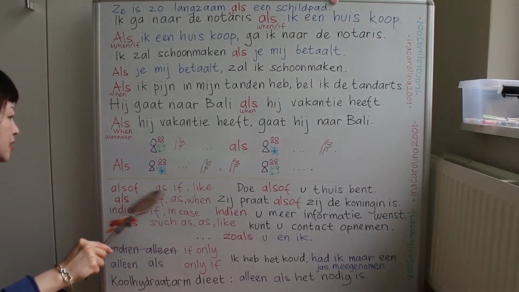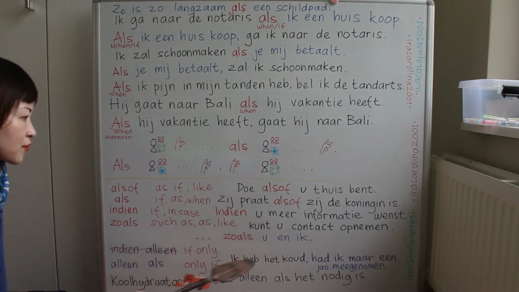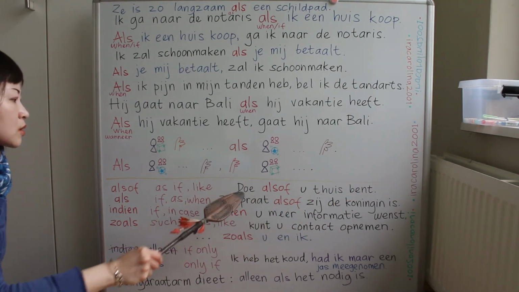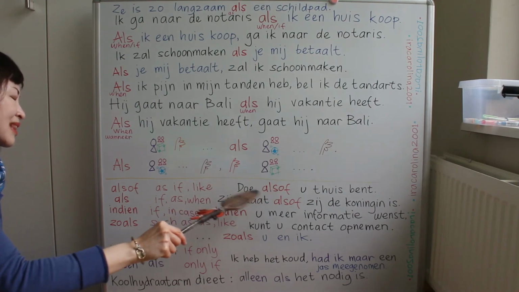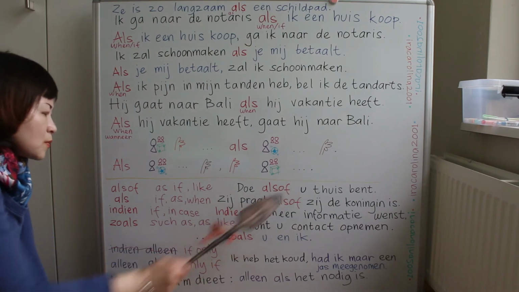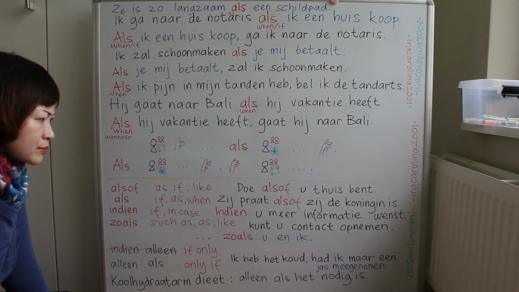Alsof, as if, or like. In the sentence you put it: doe alsof u thuis bent. Do as if or like. Alsof u, you. Thuis is at home.